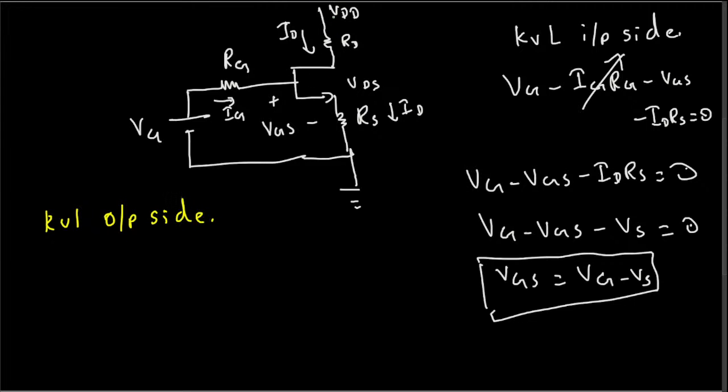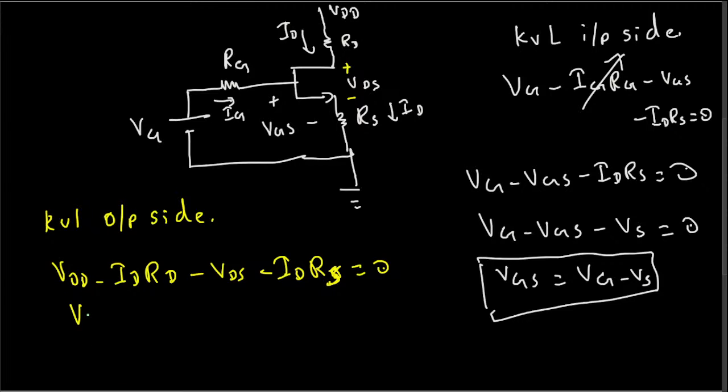If we apply KVL on the output side of the loop, we are starting from VDD, and there's a voltage drop ID times RD, and then here we have VDS, and then this is ID times RS, which should be equal to 0. We can simplify by taking the like terms together.